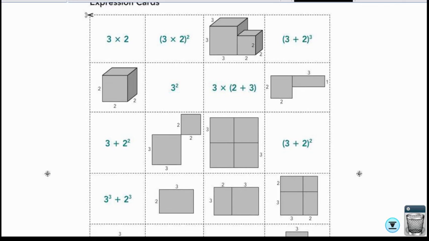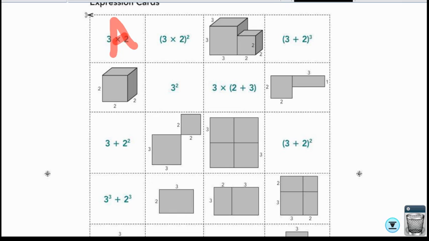Let's figure out which of these models go together. Some of them are going to be really easy, and some of them won't be. I'm going to label them and then color code them. So let's start with number 1. We're going to call this A. And so A is 3 times 2.